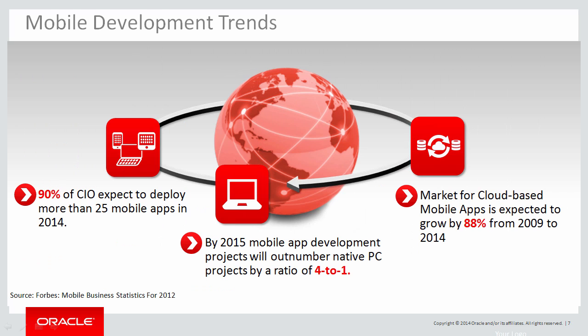If we look at mobile development trends, then the majority of CIOs plan on building a number of mobile applications. The number of mobile application projects will outnumber native PC projects by 4 to 1. And the expected revenue is expected to grow by 88% over the last 5 years.